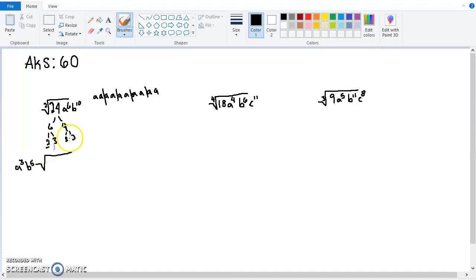The number that reoccurs is going to go on the outside. So you have 2 on the outside, and your single number is going to be 3 on the inside. So this will be your full answer. This is your rewritten radical expression.